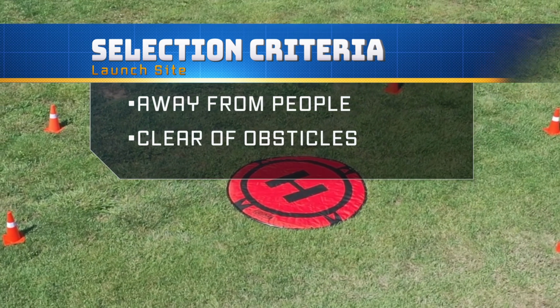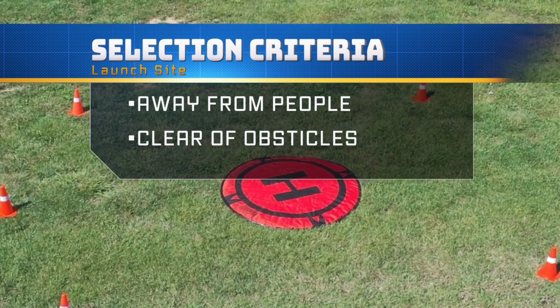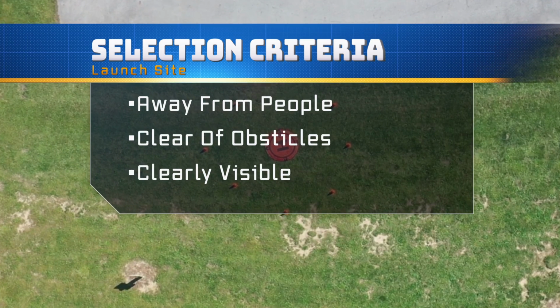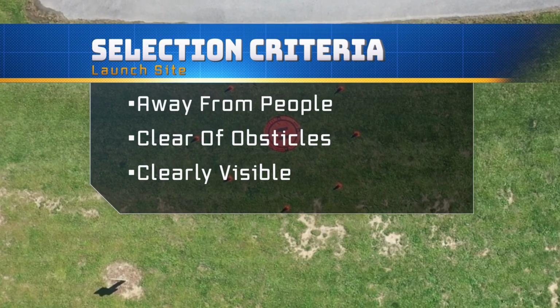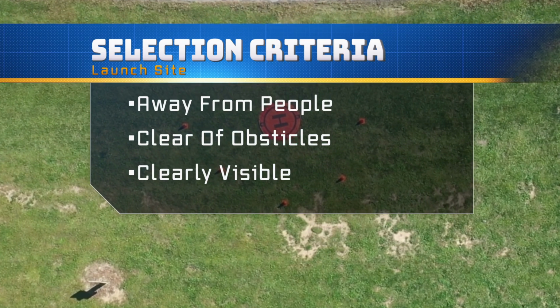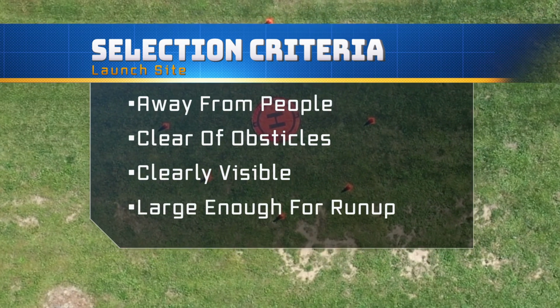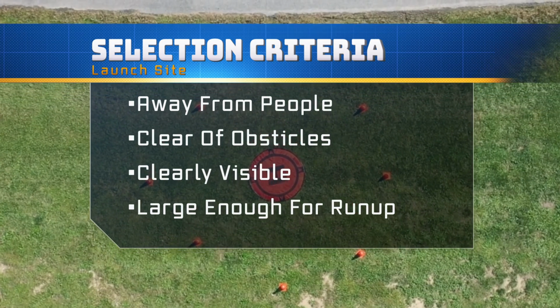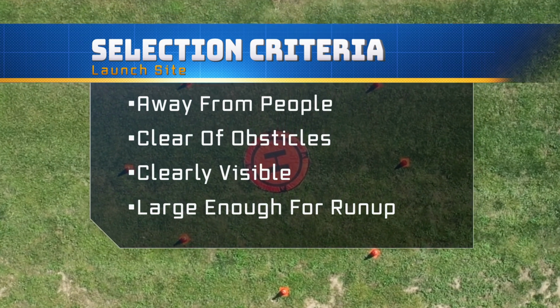It needs to be clear of any obstacles. It needs to be clearly visible, both from the ground and from altitude. And it needs to be large enough to conduct your pre-flight run-up.